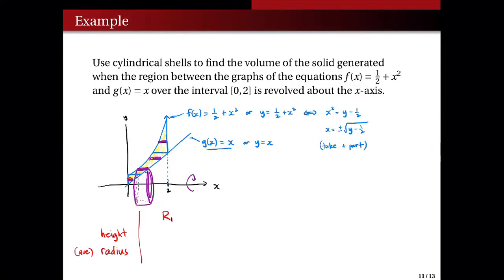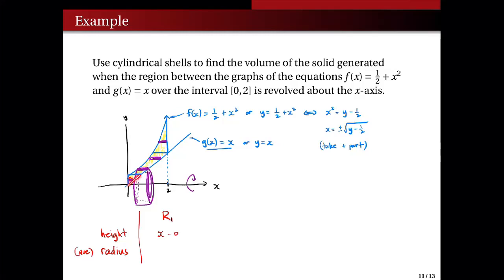So region 1. The height will be from this line here going to this. So it's just x minus 0, or simply x. This guy here has equation x equals 0.